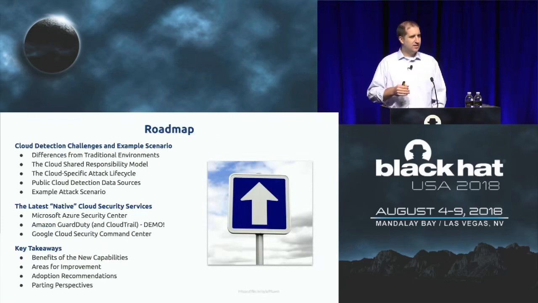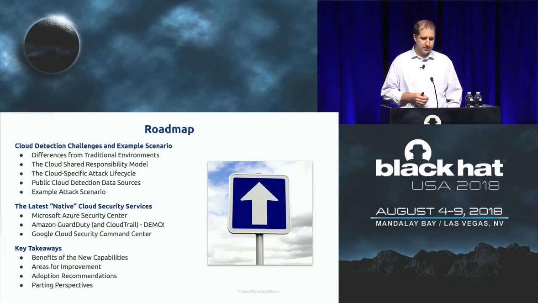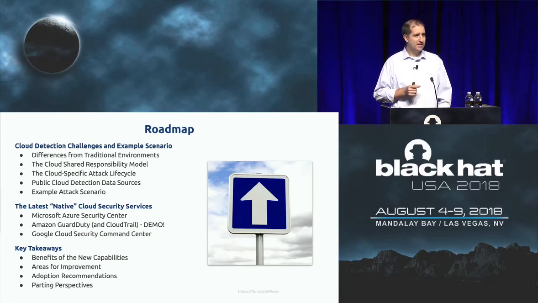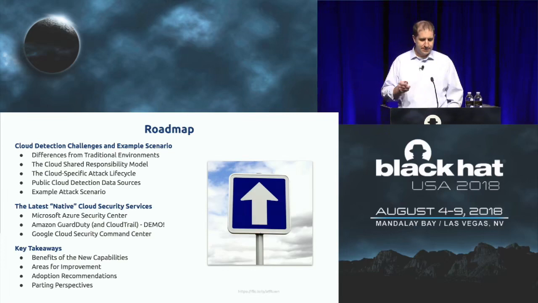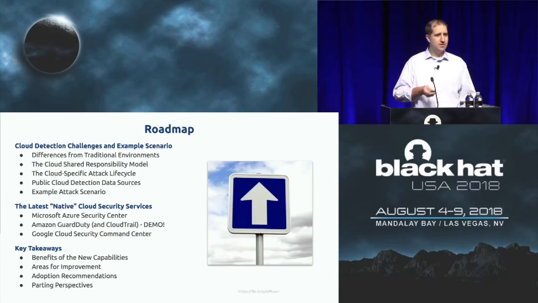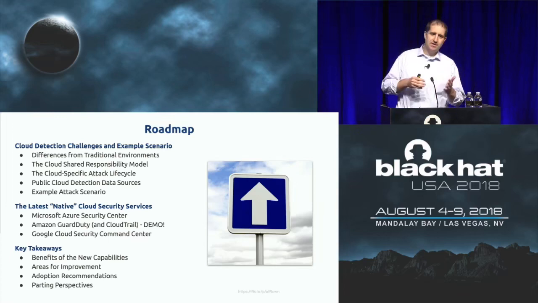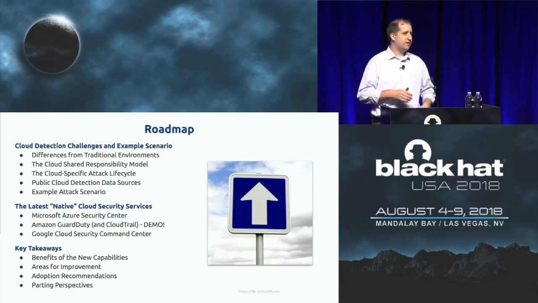So to give a little bit of an agenda, a little bit of a roadmap, I'm going to cover some of the challenges, try to cover the problem space a little bit, talk through the shared responsibility model and how I think it might need to be tweaked a little, the cloud-specific attack lifecycle, how that differs from a traditional attack lifecycle, talk about how the data sources come into play when it comes to detection, go through a quick example attack scenario, and then get to the meat of the talk, which is probably why you're here, to see a little bit of each of the major cloud providers' offerings when it comes to the native services.